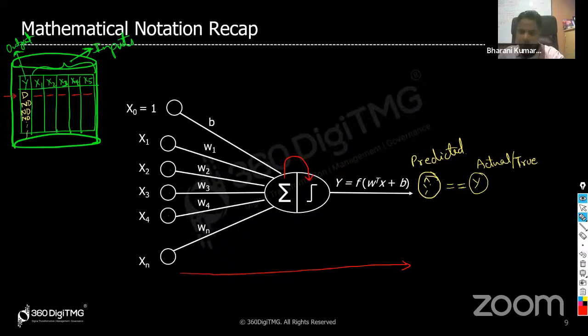Say your model has predicted that the person will default. When you look at the actual value, that also says the person will default. When you compare these two, that's a correct prediction. There's nothing wrong with that. Now take the second observation and pass all of these inputs through your algorithm.